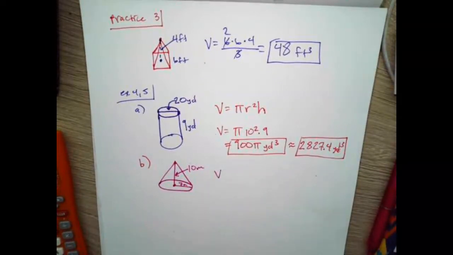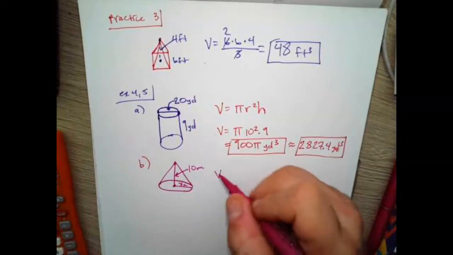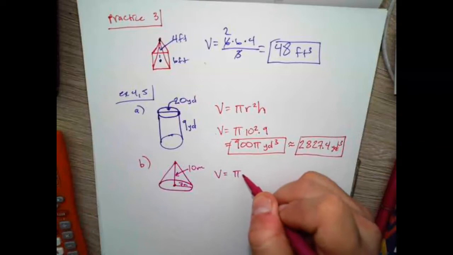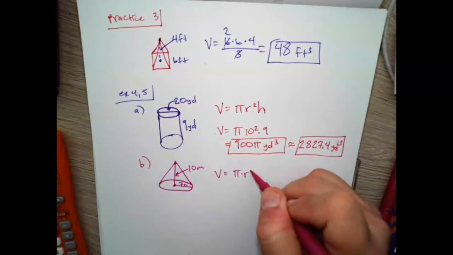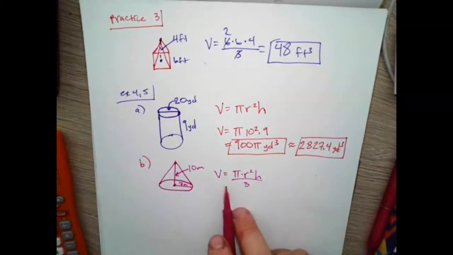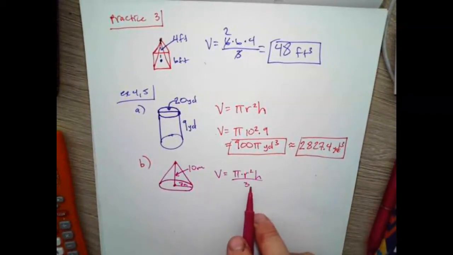So your volume for a cone is pi times the radius squared times the height. You just got to divide by 3. So it's the exact same formula as a cylinder, it's just that you need to divide by 3.